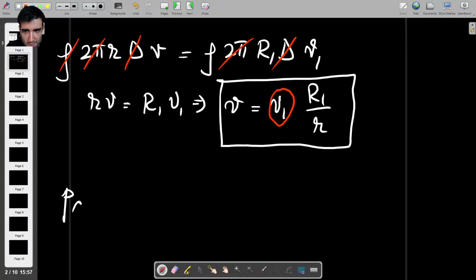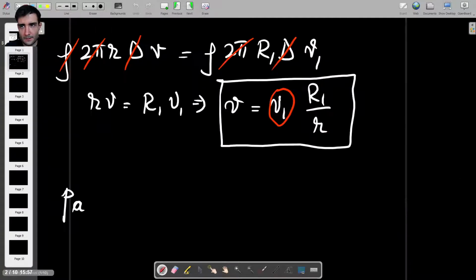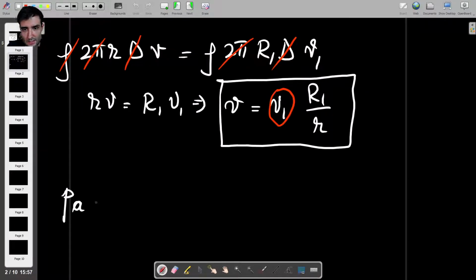So we have atmospheric pressure here. Let's call this point 2 and this point 1. The static pressure at point 2 is the same as the atmospheric pressure because there's the free surface. So that's PA plus, and then there's no dynamic pressure, and then plus rho GH.